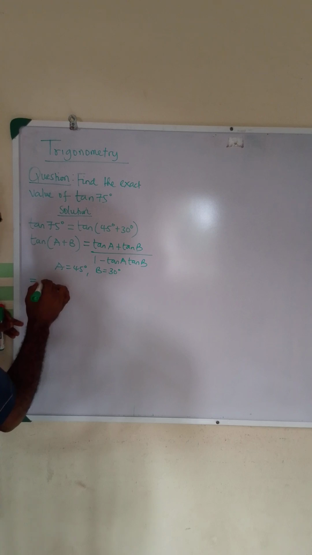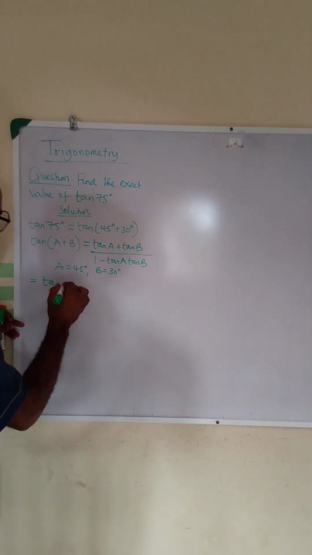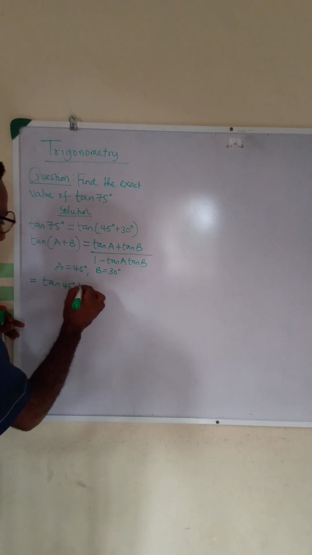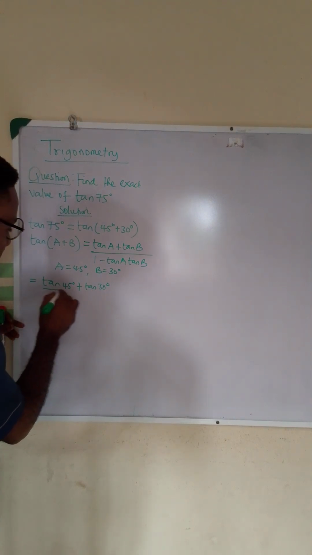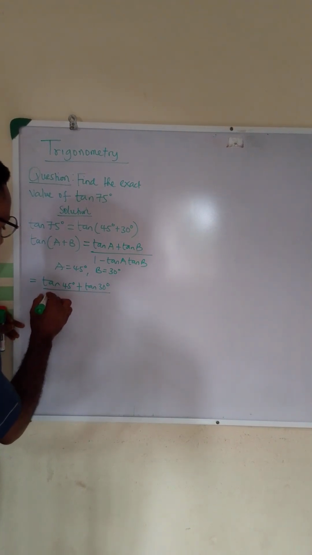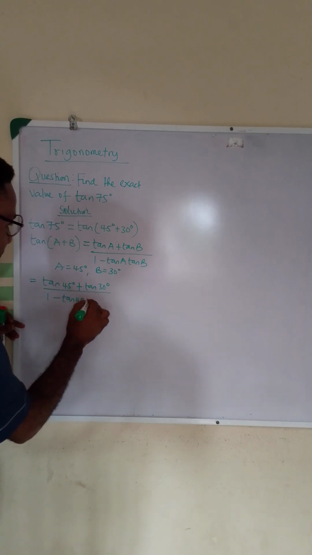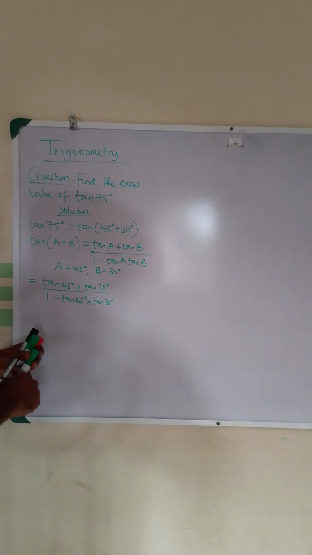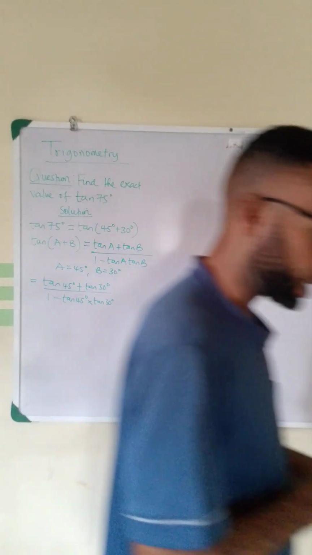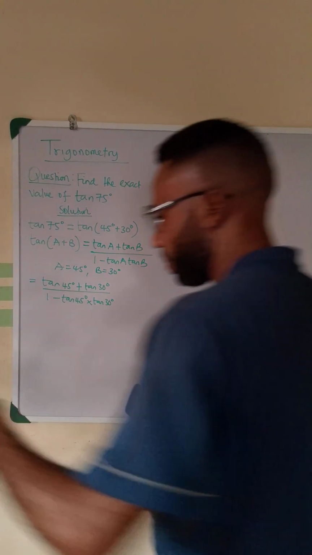We are going to have tan 45 degrees plus tan 30 degrees divided by 1 minus tan 45 degrees times tan 30 degrees.